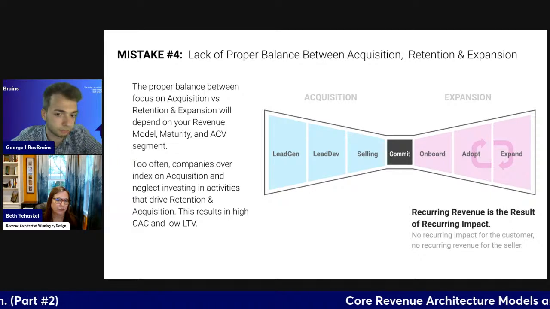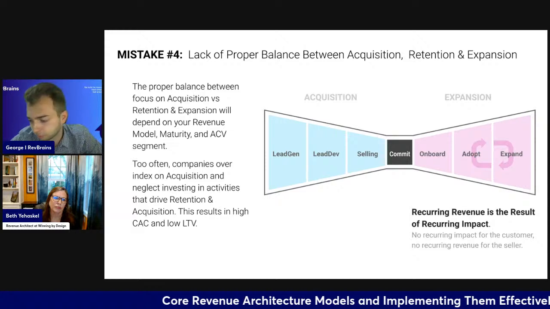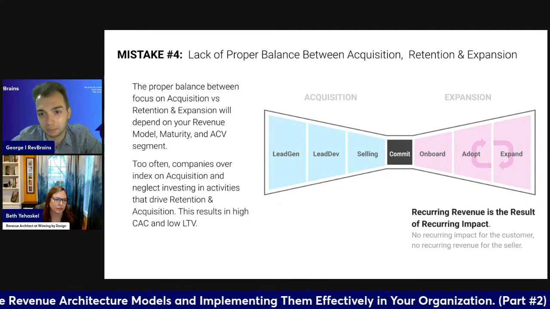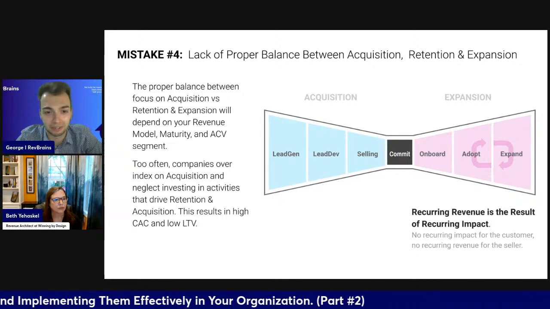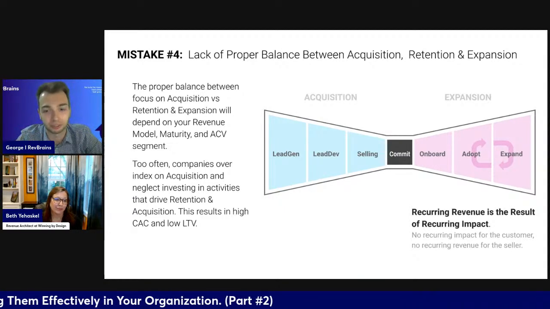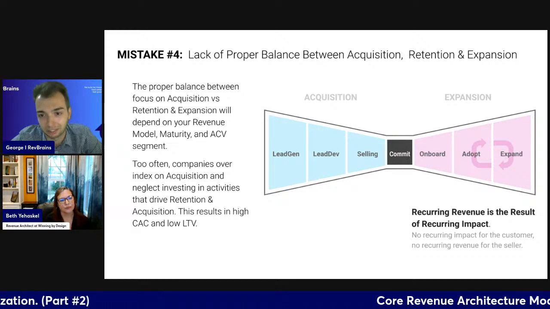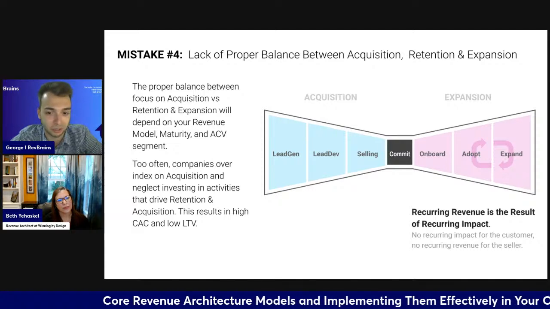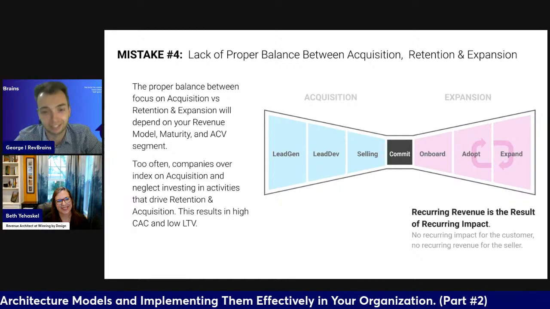Right. I've seen many cases, and I know you have also, and you're discussing that in the revenue architecture course. If you miss this point where, let's say, you don't invest enough in retention, in all of those pieces that need to happen on the right side of the bow tie, every single customer success manager really can add a lot of impact.